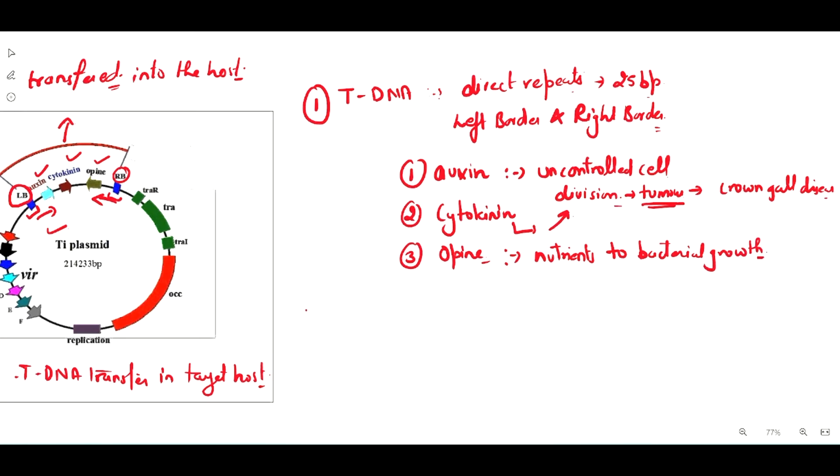The second region is the Vir region. The Vir region contains different types of virulence genes.